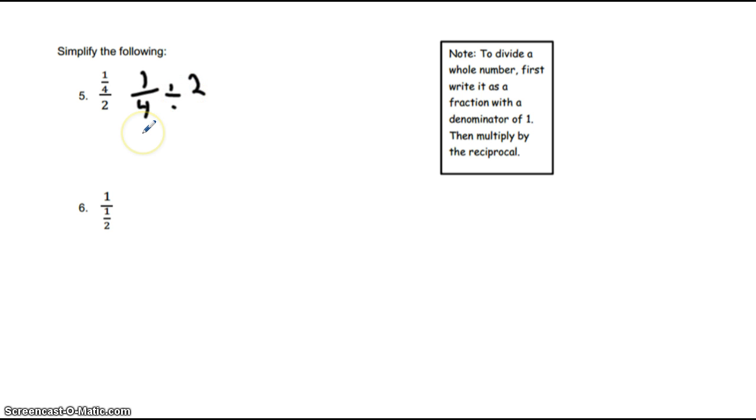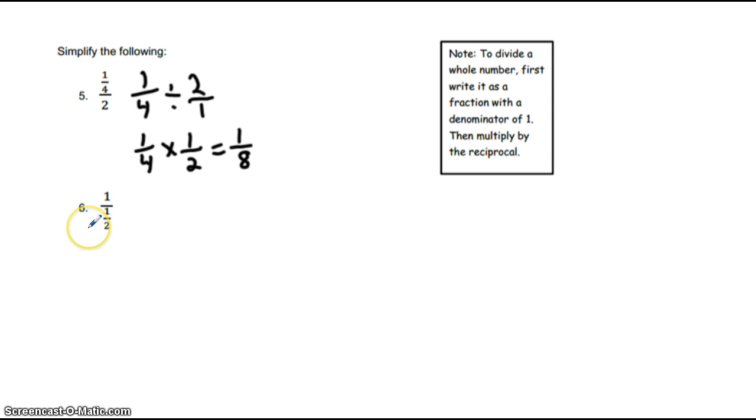We take 1/4 and multiply by the reciprocal, which is 1/2, and that will equal 1/8. Again, 1/4 divided by 2 over 1, we multiply by the reciprocal and we get 1/8.